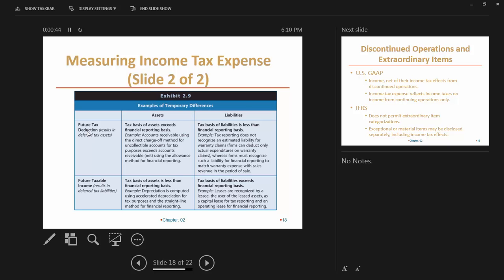It will reduce the future tax payment, so it is considered a future benefit. So it is deferred tax assets. And for future taxable income, we know the company is going to pay more tax in the future, right? So it will result in a future payment, which is a liability. So it is deferred tax liability.